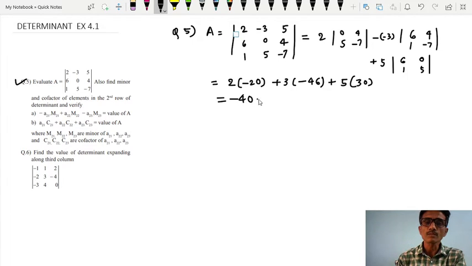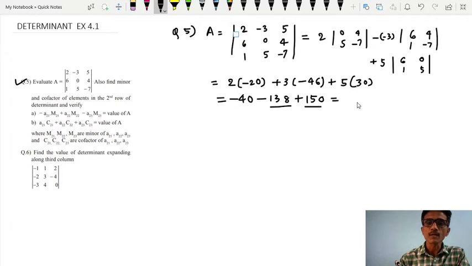Okay, this is what, minus 138. Then plus 150. Now further we solve it. See here, 150 and this is minus 138.